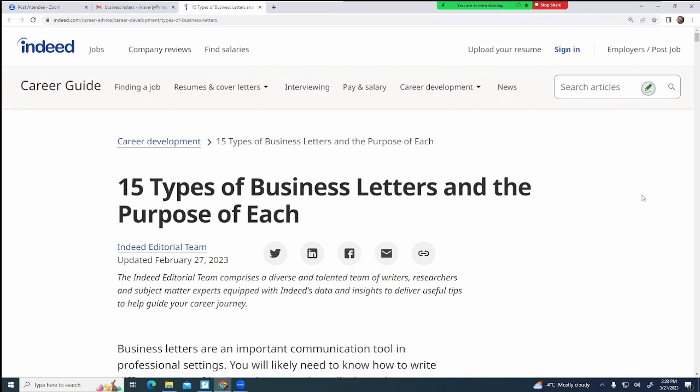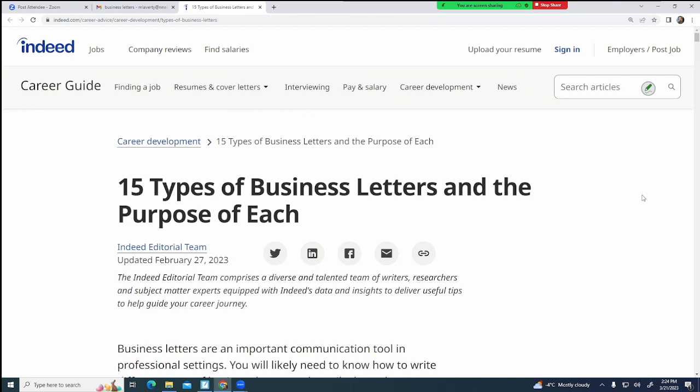There's lots of online discussion forums, and then they have a section on their website called the Career Guide, and it gives you lots of useful information. A lot of it's not just about finding a job; it's about learning how to do specific aspects of jobs and how to become a stronger communicator, especially in a workplace setting. So Indeed.com, very useful website that I really recommend you go to.